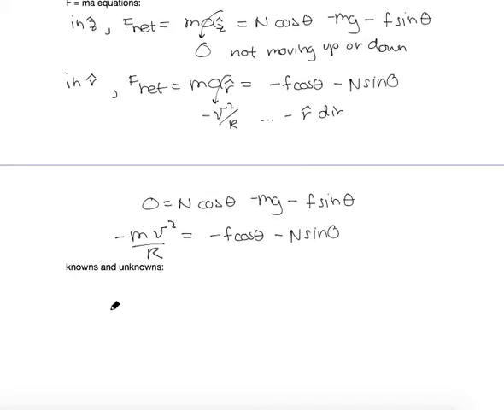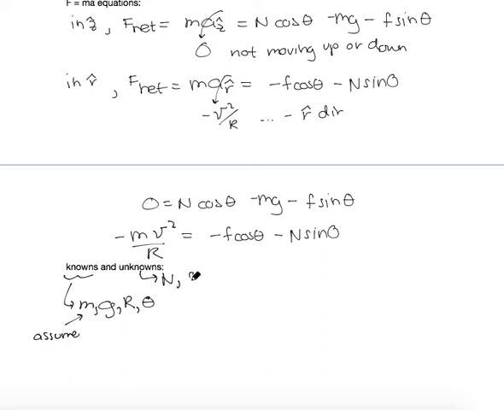So we've got knowns: m, g, r, and theta. Let's assume that we know n, but just like the last problem, m actually cancels out.